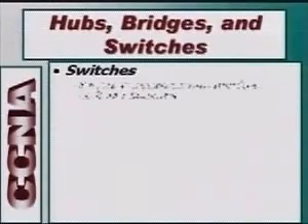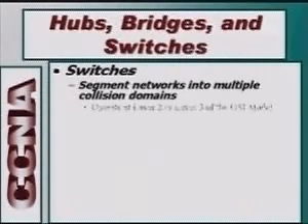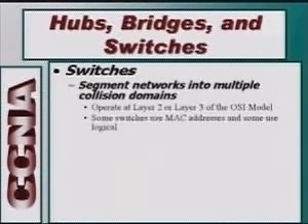Now, switches are just like bridges. Switches are fancy bridges. They're programmable bridges. And switches are faster because switches are typically designed just to do switching. In other words, whereas bridges use software, which is typically slower than hardware, switches actually are little computers that are made just to switch.